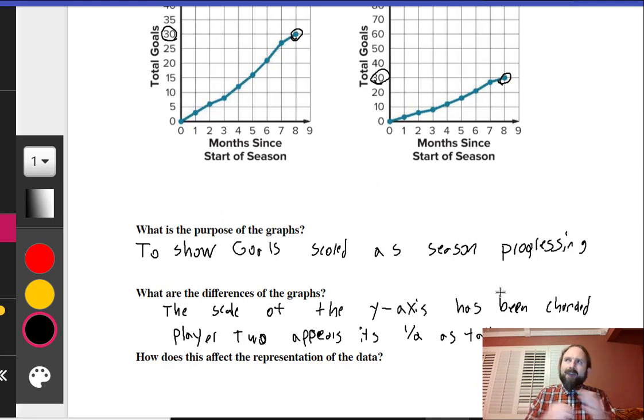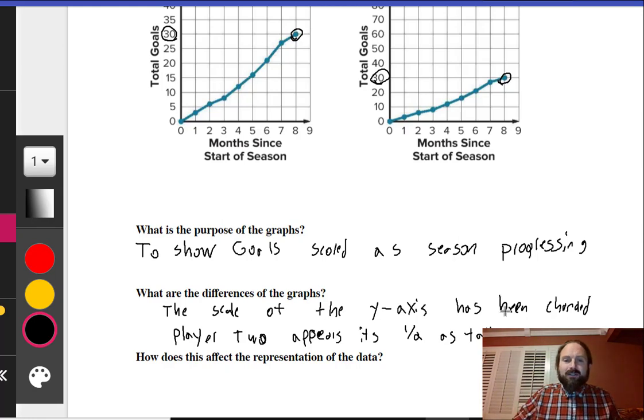So the graph part of it. Now this is the rub right now. It looks like his graph is half as tall because his y scale is twice as big, whereas for player 1, the y scale is more reflective of what's there, so it looks like an accurate graph.